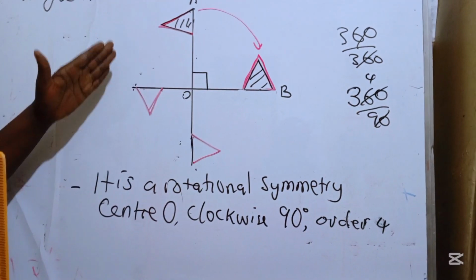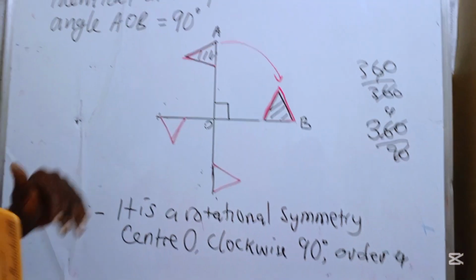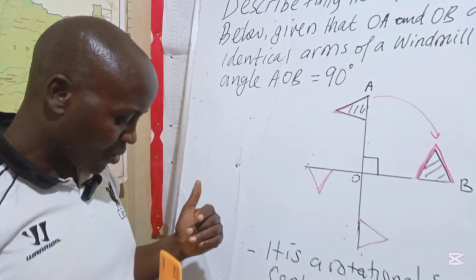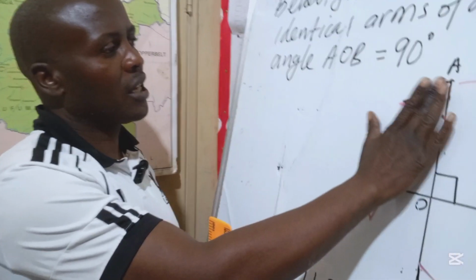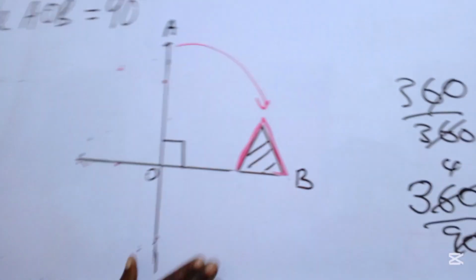Please, don't get scared of such questions. When you see these flags, don't say what is happening. There are also other questions which, due to time, we have not discussed, whereby instead of a flag, they brought something which looks like this. So allow me to do this just for the sake of learning.